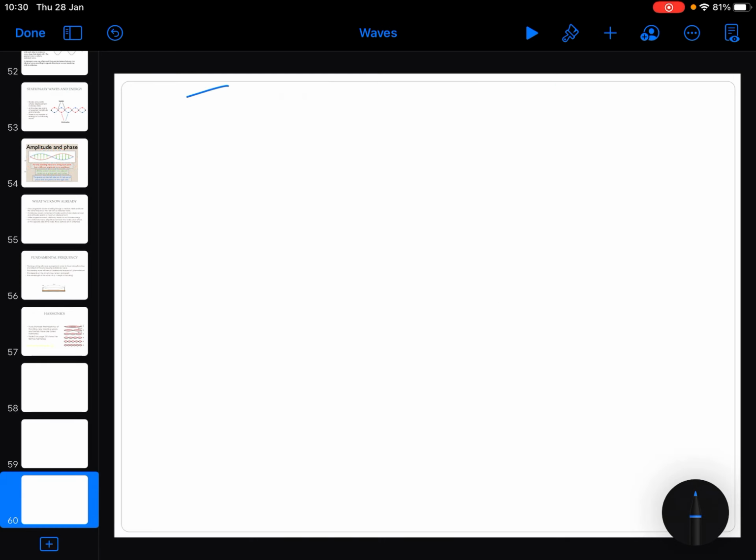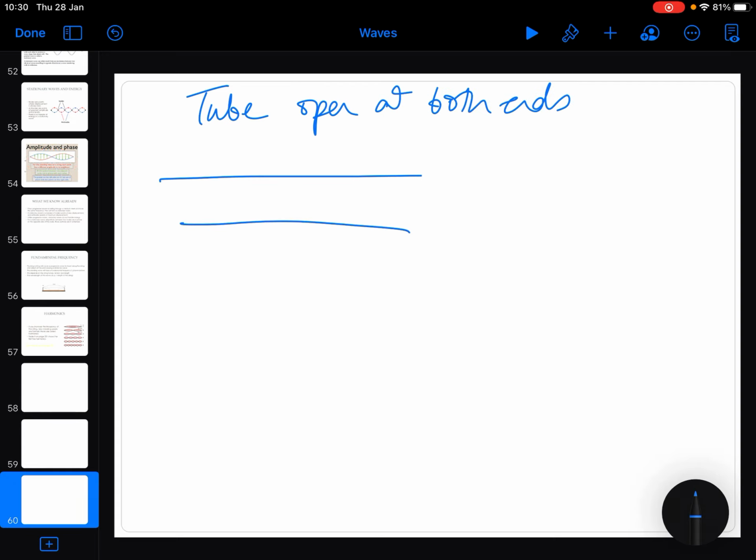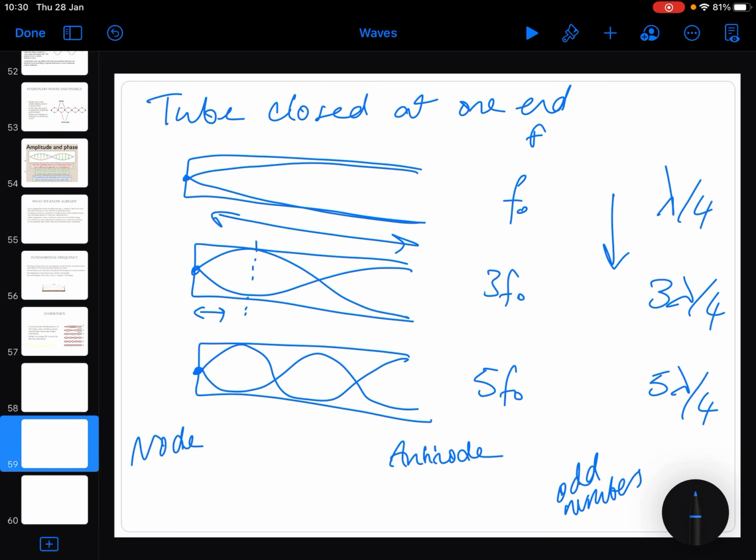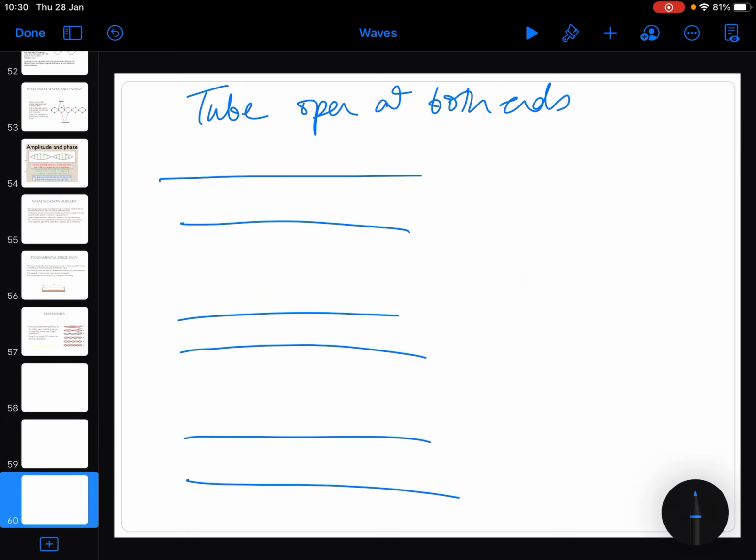Okay, and then our final one is a tube open at both ends. And here, just like in the tube that was closed at one end, everywhere there's an open end, you need an antinode. So you're going to have an antinode at both sides here.